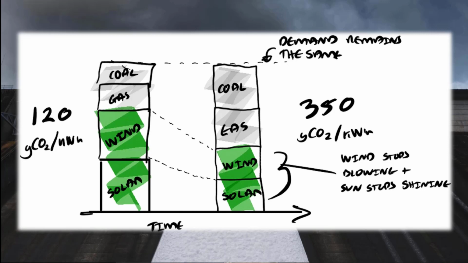So the carbon intensity that this consumption has is only 120 grams of carbon dioxide per kilowatt hour, which is the way in which people measure the carbon intensity.